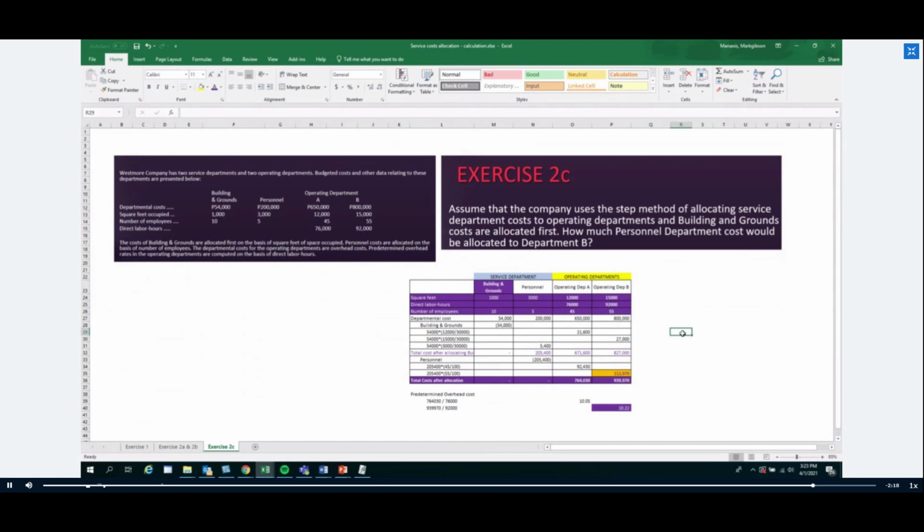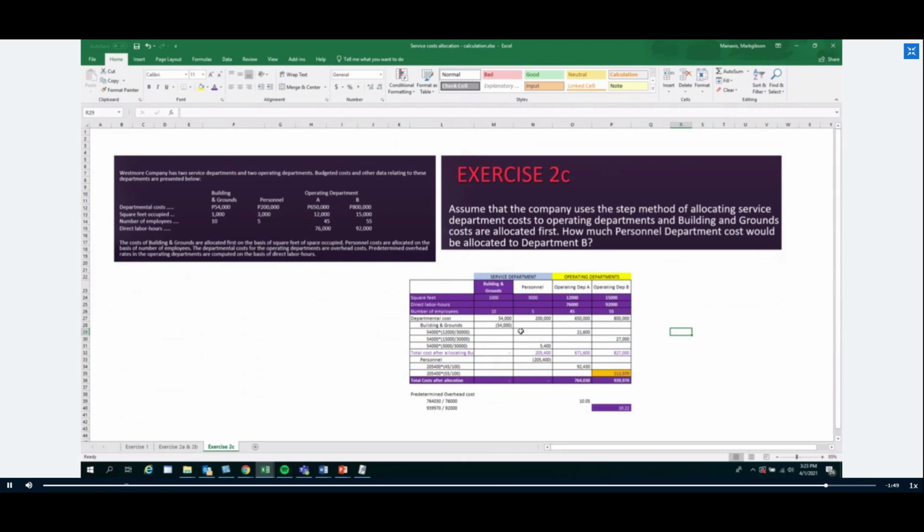O yun class, yun lang naman ang difference ng direct method. Ulitin ko, pag direct method, total costs of the service departments are allocated directly to the operating departments, no? But in a step method, even service department gets fair share from another service department cost, no?